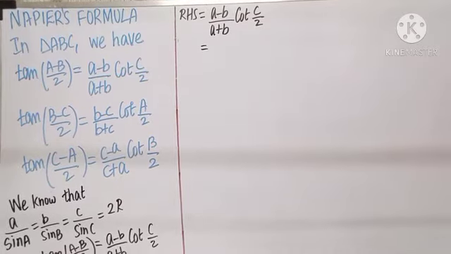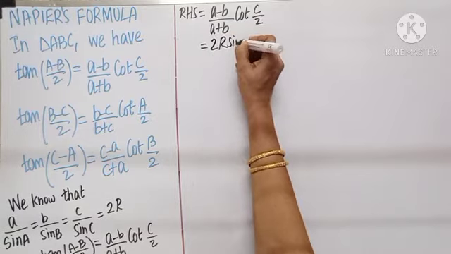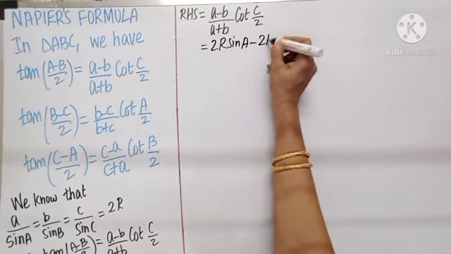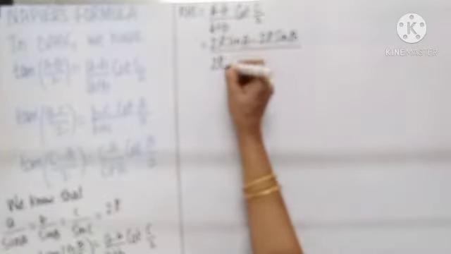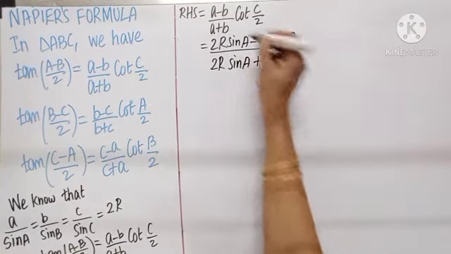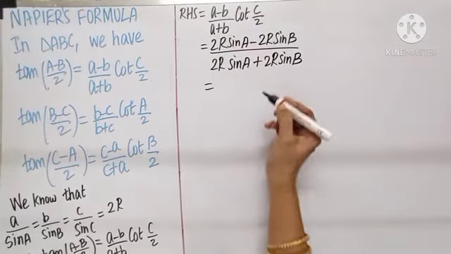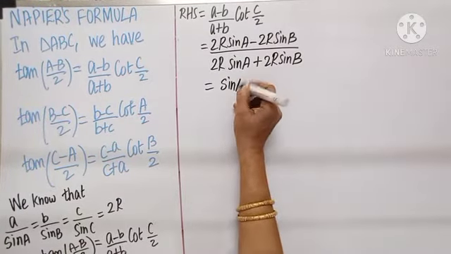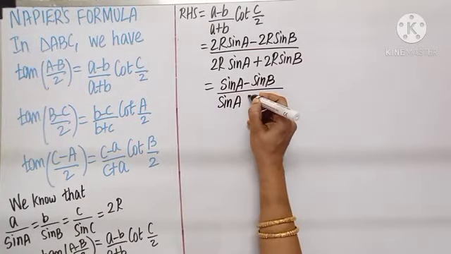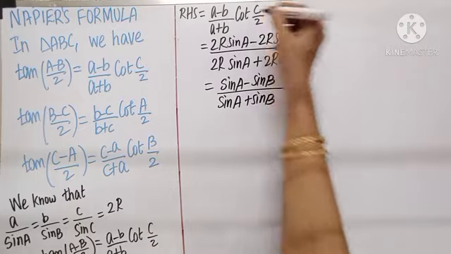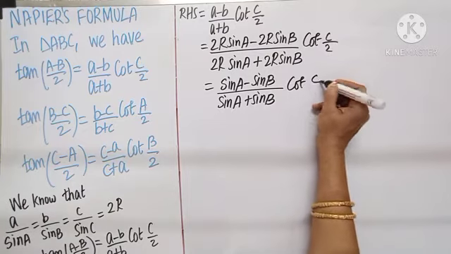Substituting, I get a is 2R sin A, b is 2R sin B, divided by 2R sin A plus 2R sin B. Cancelling all the 2R, I have (sin A minus sin B)/(sin A plus sin B) into cot C/2, which we retain as it is.